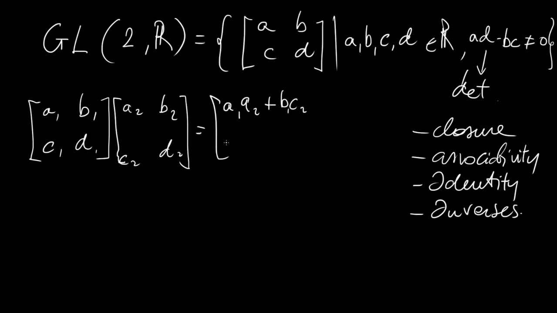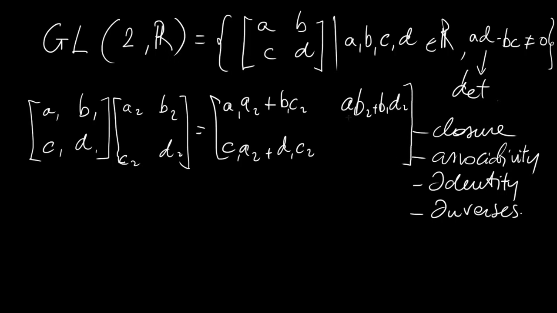I'm just multiplying the matrices. Then in this entry we have c1 a2 plus d1 c2, and here we have a1 b2 plus b1 d2.